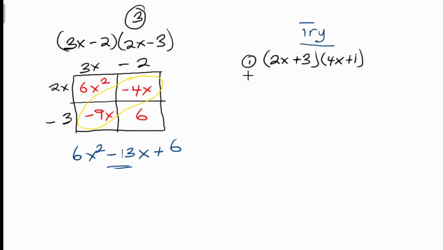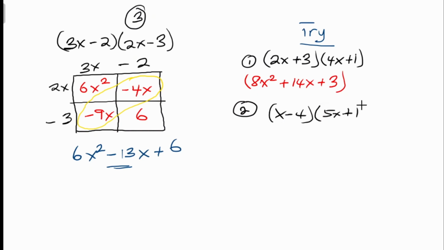If you do it well, you should have 8x squared plus 14x plus 3 as your answer. Then you try a second one, x minus 4 times 5x plus 1.